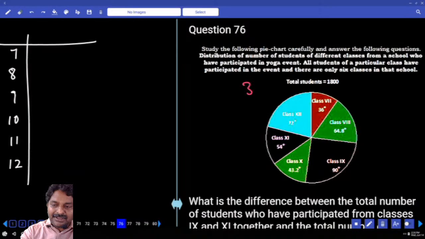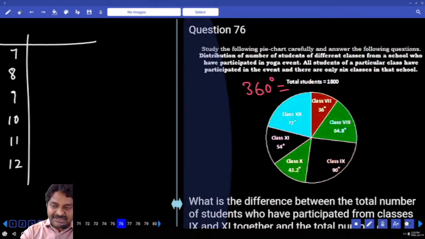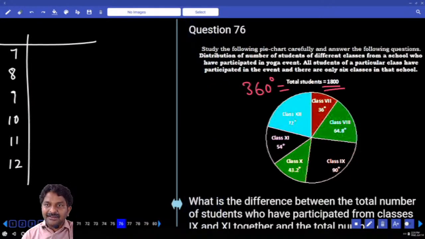So total number of degrees, 360 degrees, is equal to 1800, right? How many times? 10 times is 3600 and we have exactly half of it. That means 5 times, right? Let's multiply every number with 5.